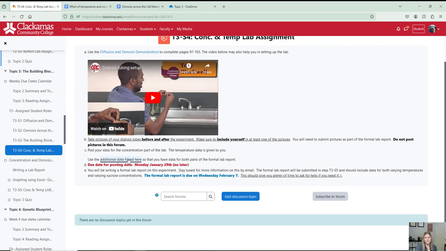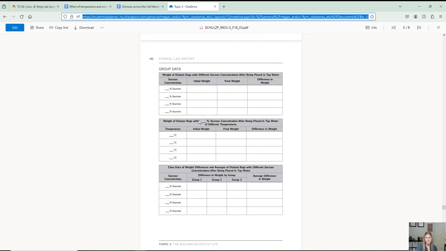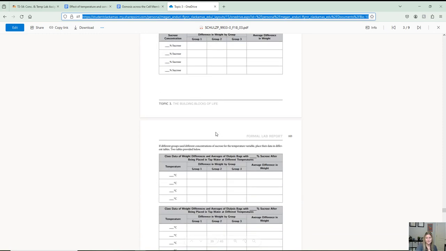So just post your concentration part of the lab. Basically, you are posting this part of your data. You can take a picture of this image or just write it down, but this needs to be posted no later than Monday midnight at the very, very latest.